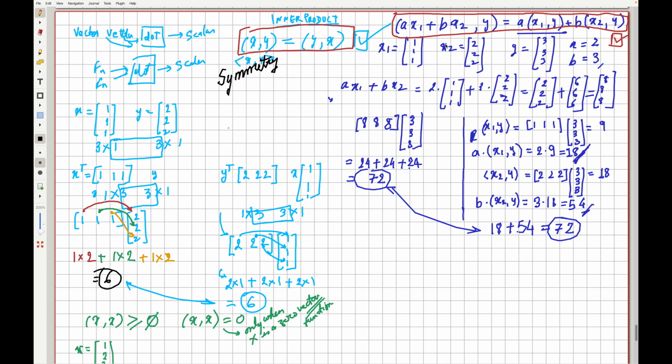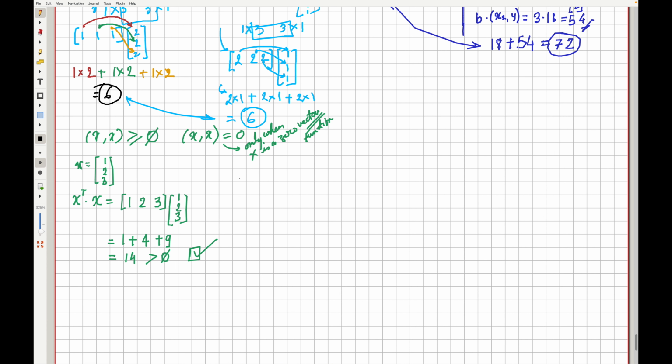And the second one is linearity in the first argument. So this one right here, linearity. So linearity in the first argument, that is scaling and adding the vectors, behaves nicely with the inner product. So linearity in first argument. I apologize for this lag as I'm writing.